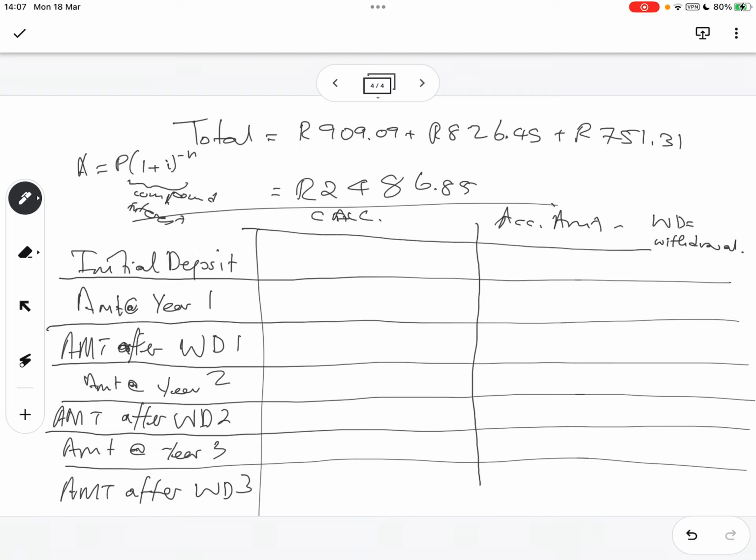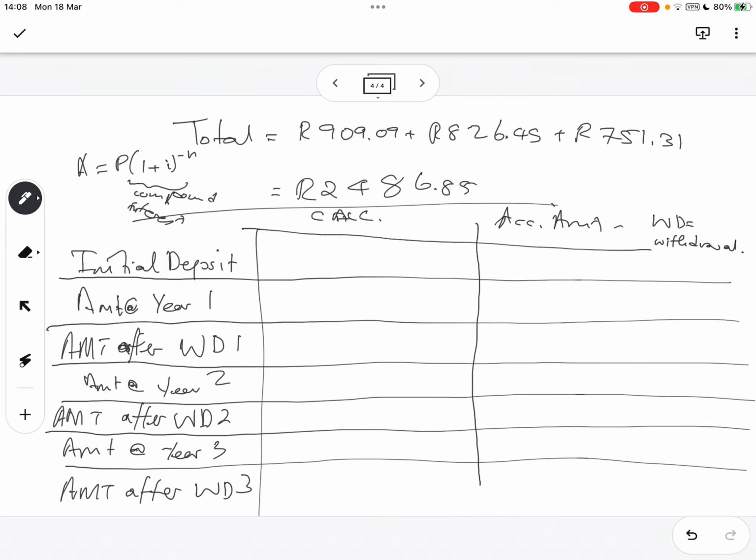Okay, so the initial deposit, so every year 1,000 is deposited, right? Now we want to find, if Kate has to withdraw 1,000 every year, we're working it out in reverse. So how much will she have to deposit now so that in a year she can withdraw 1,000?